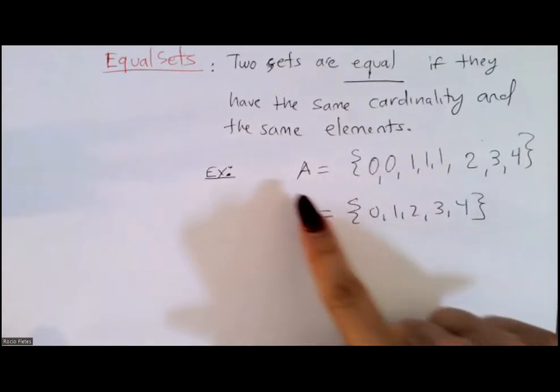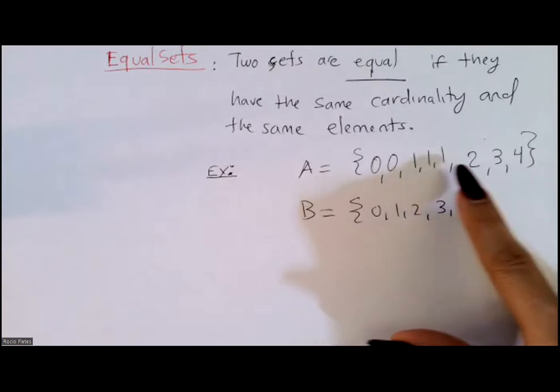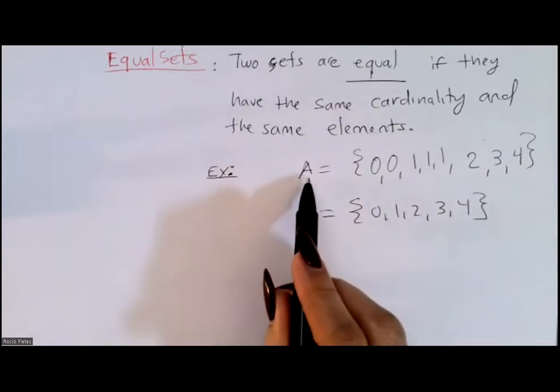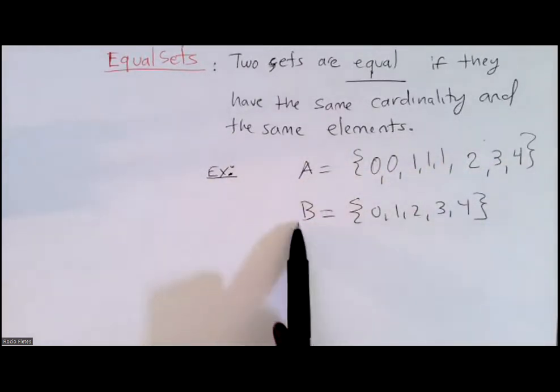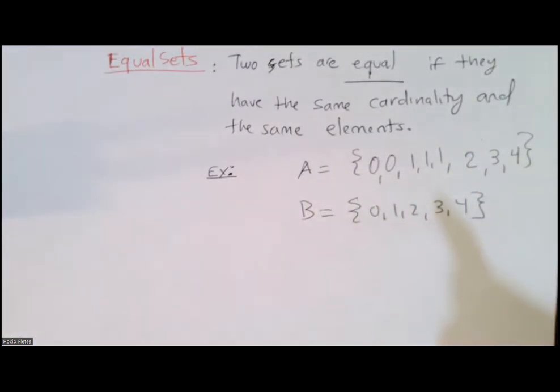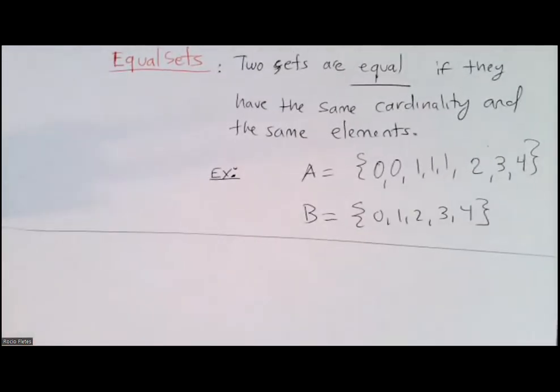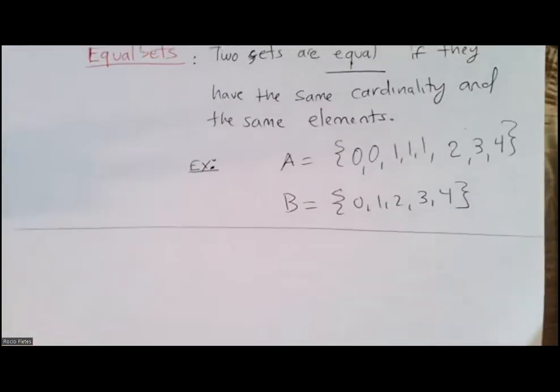So what is the cardinality of A? You have 0, there's 1, 2, 3, 4, 5. So the cardinality of A is 5, the cardinality of B is also 5, and they have the same elements. So A and B are equal sets.